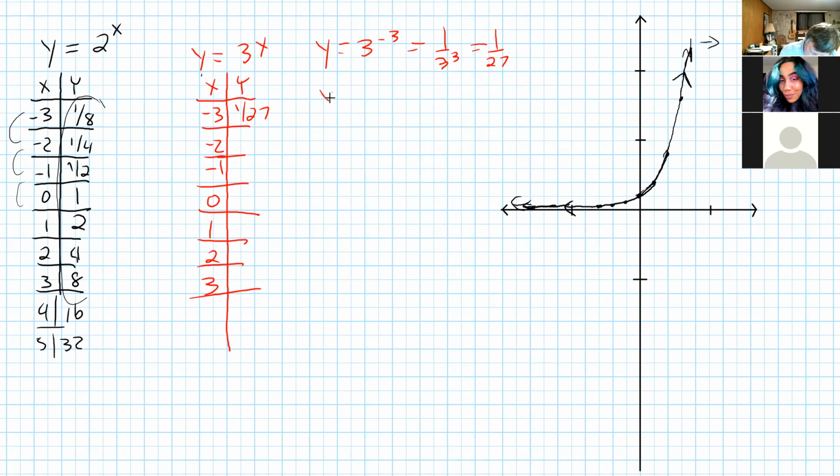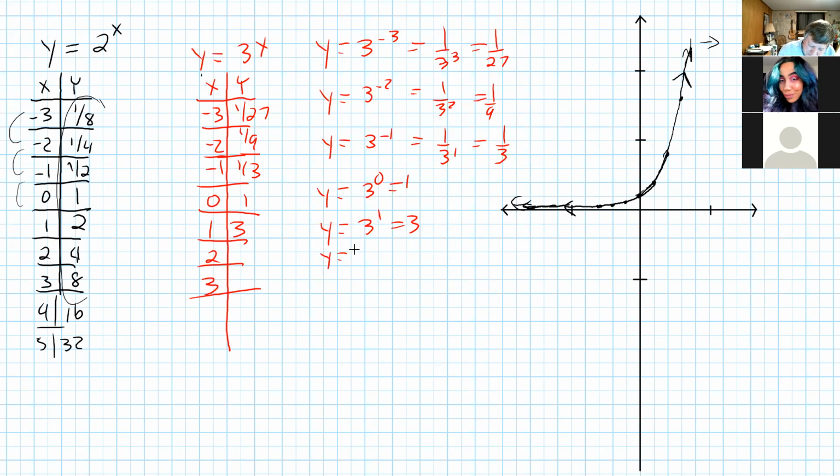When x is -2, y equals 3 to the -2 power, which is 1 over 3 squared, which is 1/9. When x is -1, y equals 3 to the -1 power, which is 1 over 3 to the 1, which is 1/3. When x is 0, y equals 3 to the 0 power, which is 1. When x is 1, y equals 3 to the 1, which is 3. When x is 2, y equals 3 squared, which is 9. When x is 3, y equals 3 cubed, which is 27.